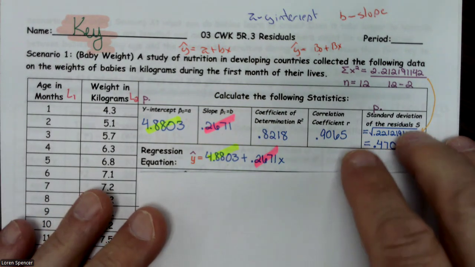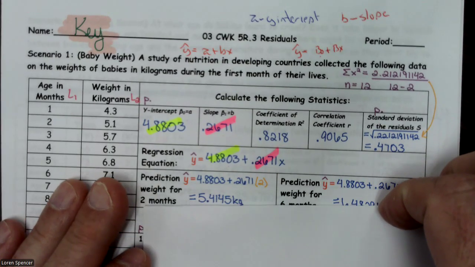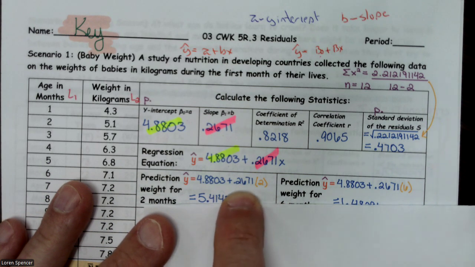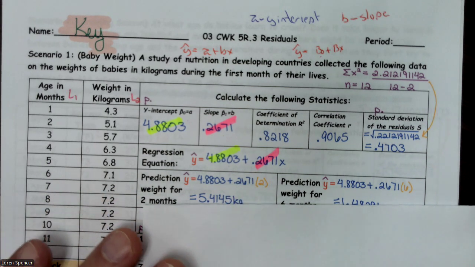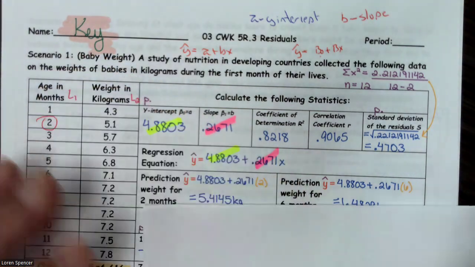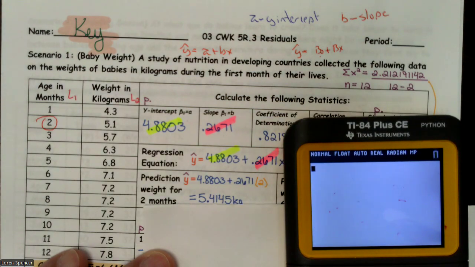Okay, the next thing it asks for is for us to predict the weight for 2 months. Well, here's how I do that. I take that equation and I just plug in the number 2 because that's the age in months. So when I do that, I'm just going to go, okay, second quit, 4.8803 plus 0.2671 parenthesis 2 and close it.